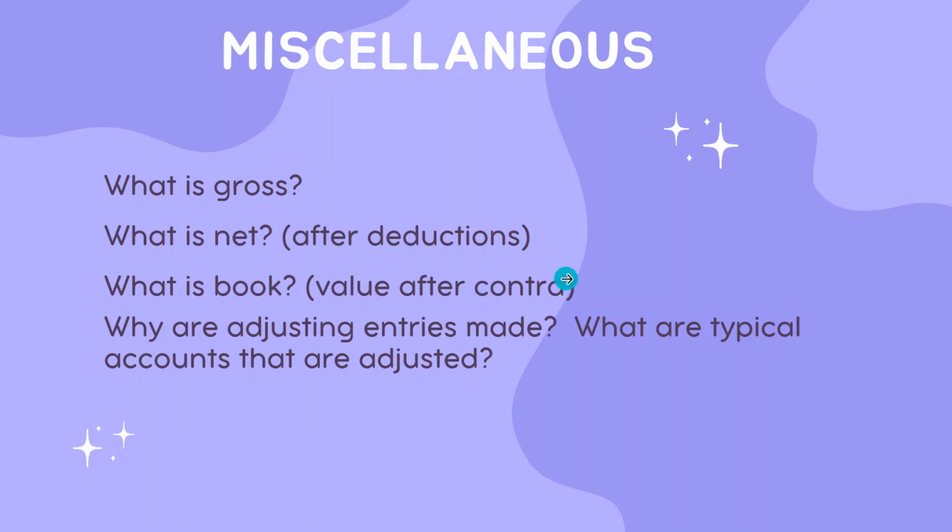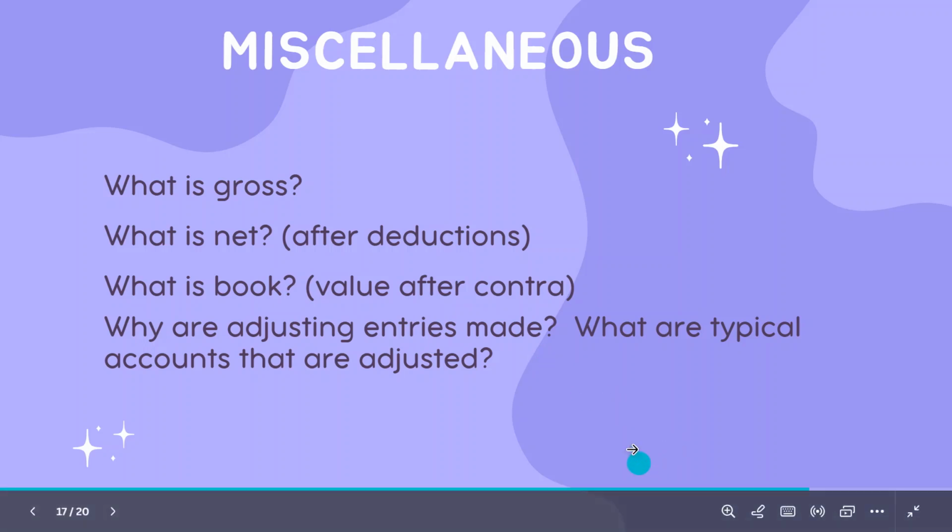That is the original value. But the contra account is your accumulated depreciation. So the original cost minus accumulated depreciation, or the contra account, gives you the book value. The book value is similar to the net amount, right? It's after the deduction, after the decrease in value.